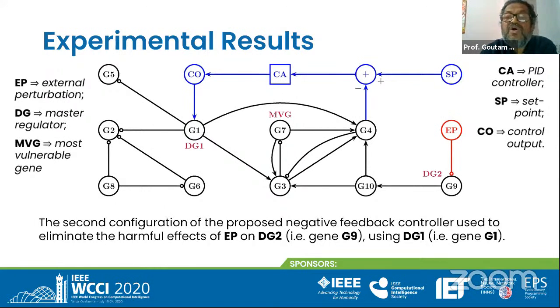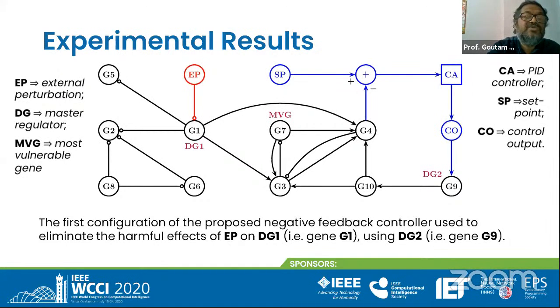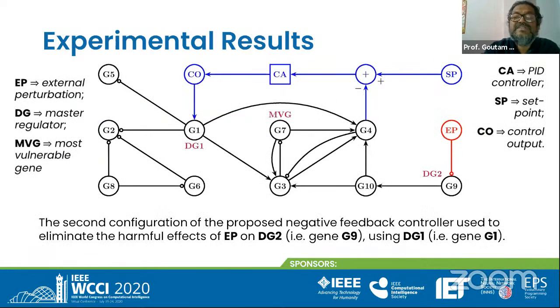It is the same network. Both of them are the same network. I have shown you in this network that G1 was disturbed and I was controlling it with G9. Now in the next experiment, it is also possible that G9 is disturbed by some external perturbation, due to which G4 was perturbed maximum.